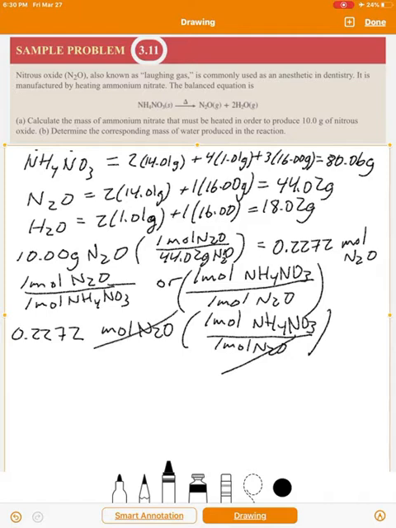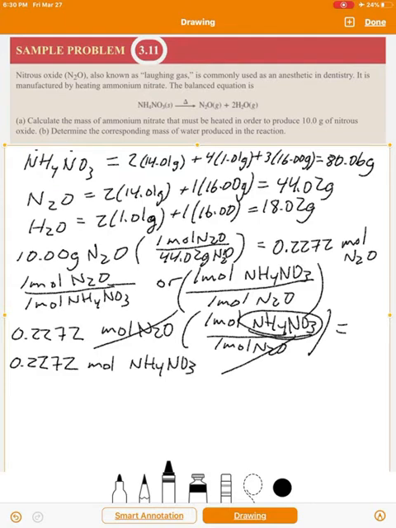So that cancels, and that'll give you the moles. Obviously it's going to be 0.2272, right? Because if you multiply a number by 1 over 1, it's not going to change the value. So that's 0.2272 moles of ammonium nitrate.